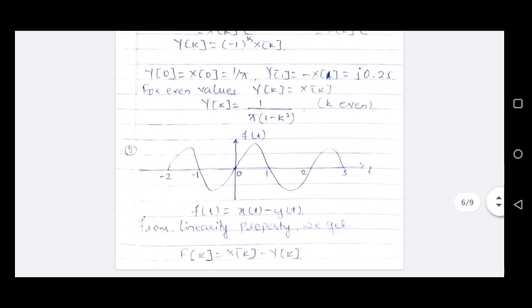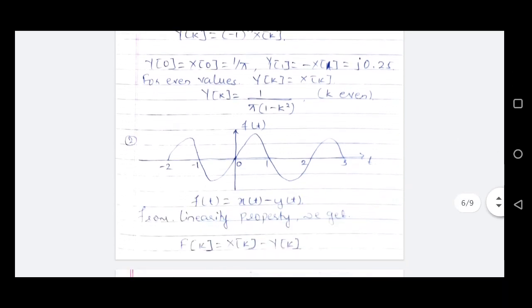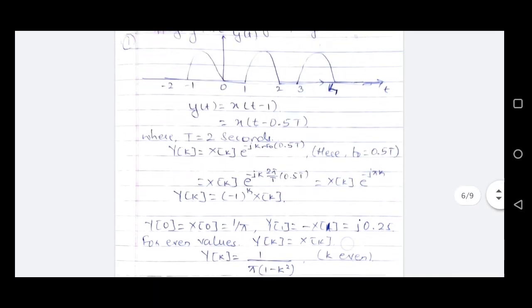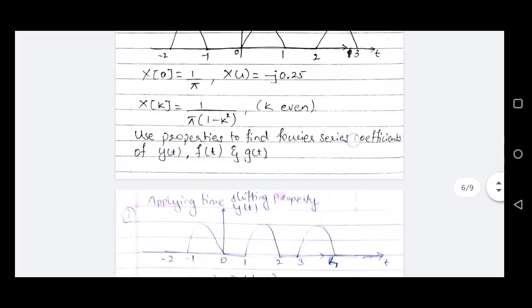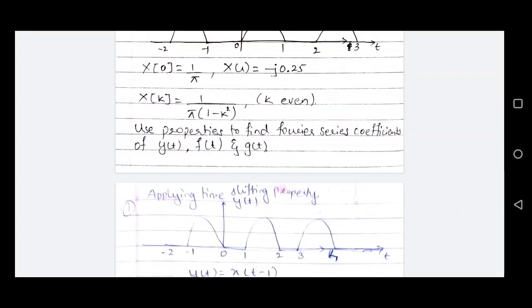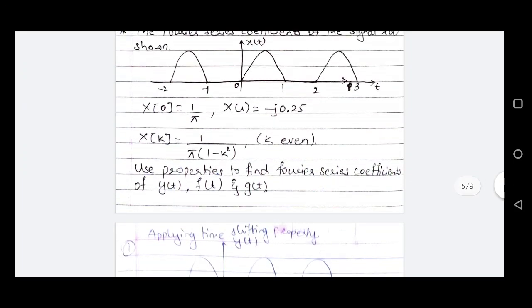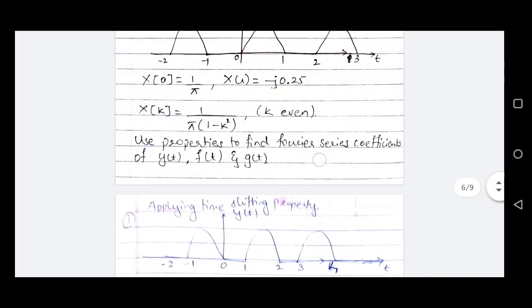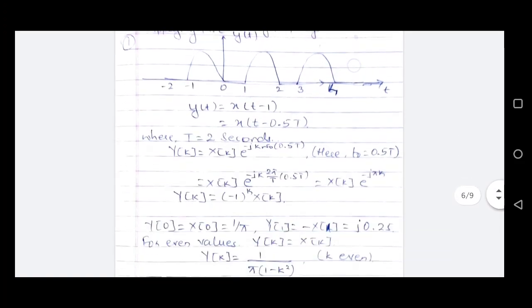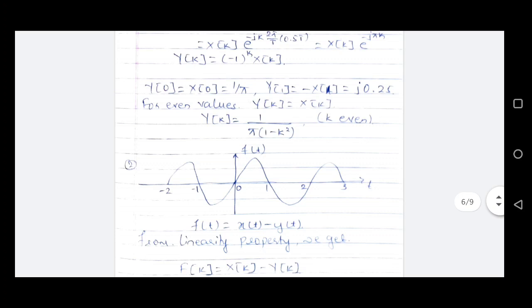And the second waveform, f of t, is a sinusoidal signal, a sine function. f of t is obtained by subtracting y of t from x of t. So x of t minus y of t will give us f of t.